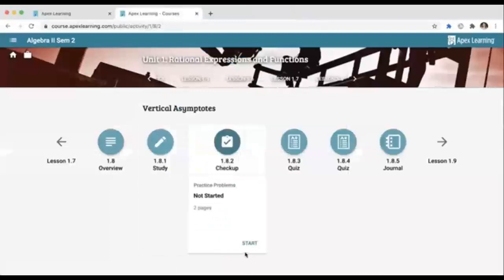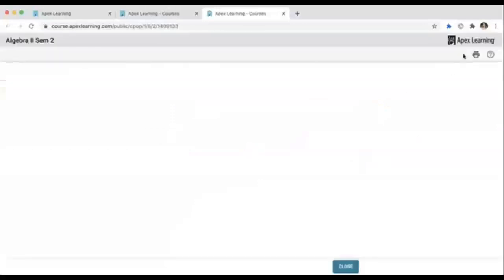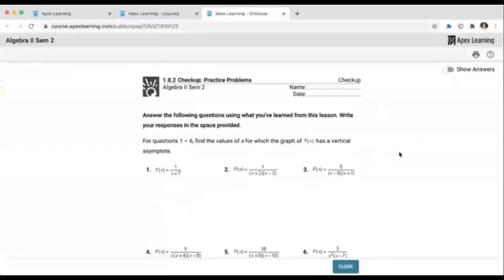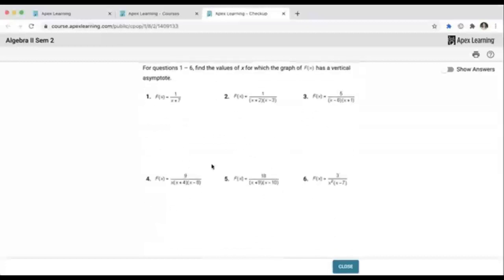Okay. So then if we look quickly at our checkup, just a couple helpful hints here. Figuring out if it has a vertical asymptote and where those would be located. That's just setting the factors of the denominator equal to 0.